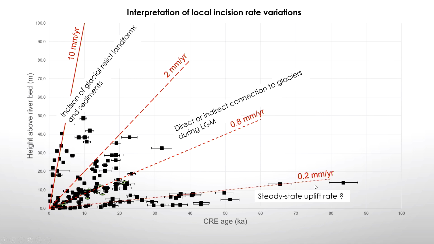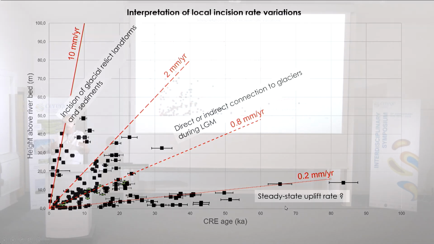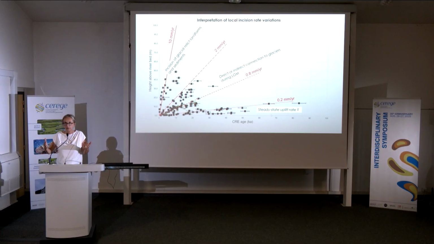So how can we very simply interpret this data? We can maybe interpret the very slow incision rates as related to a steady state between river incision and uplift. So maybe this very slow incision rate reflects the uplift rate of this area.